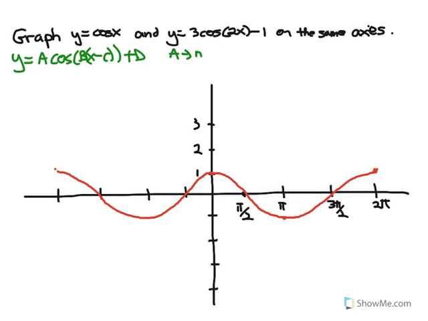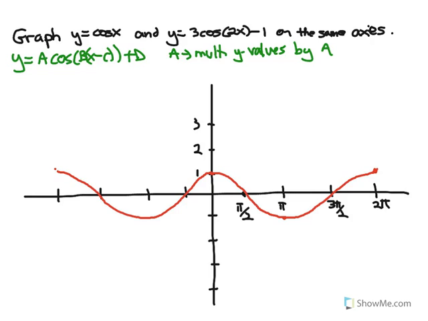So what we do is we take our y values at all our points from the original and multiply them by a. I'll go step by step here. That stretches it by a factor of 3.